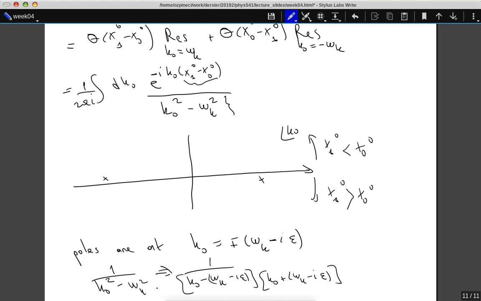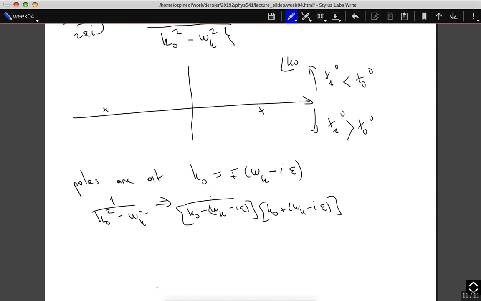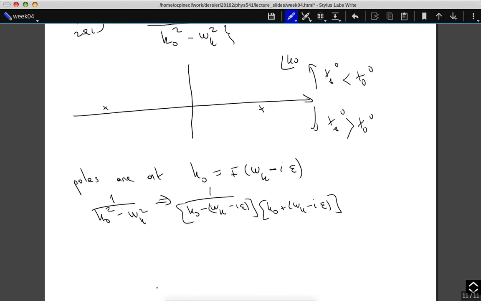So that I'm actually shifting the poles. Exactly. You see, there is an overall minus sign. Overall minus sign that already makes it plus i epsilon. So the poles are actually at omega k minus i epsilon and minus omega k plus i epsilon, as you pointed out.